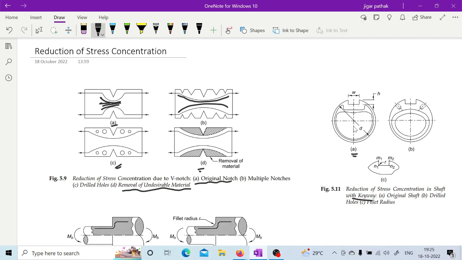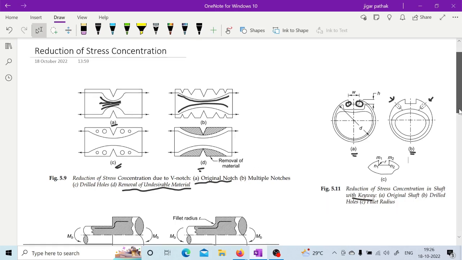What we can do to reduce this is provide a relief or radius at these sharp corners, as you can see, to reduce the stress concentration. Apart from that, we can drill this hole, as mentioned in figure B. So this is going to help you in reducing the stress concentration in that shaft.